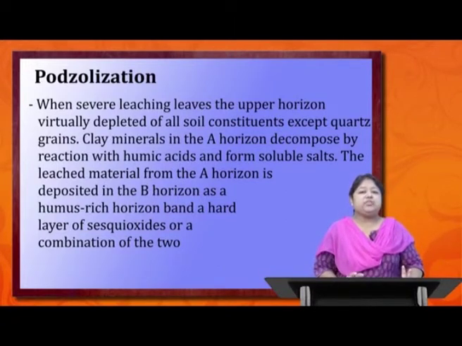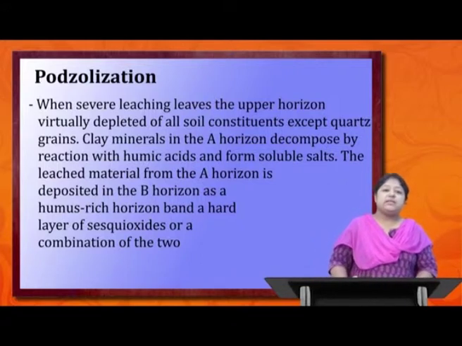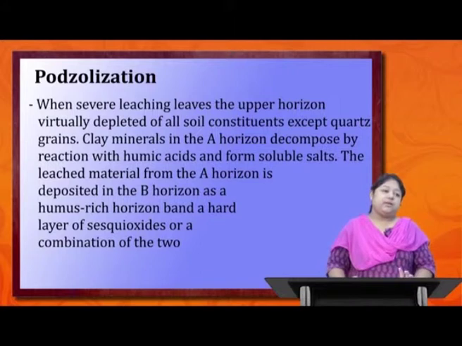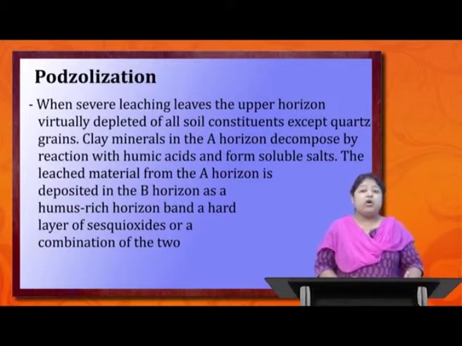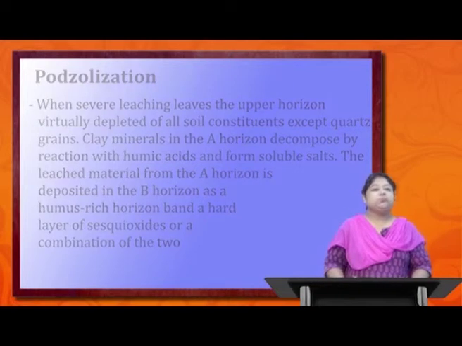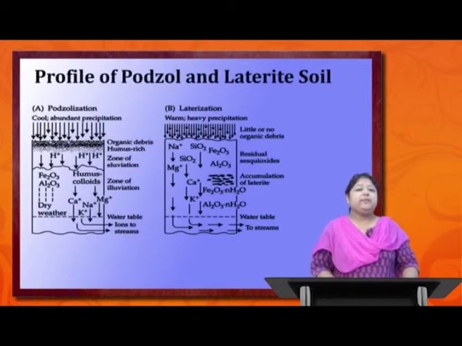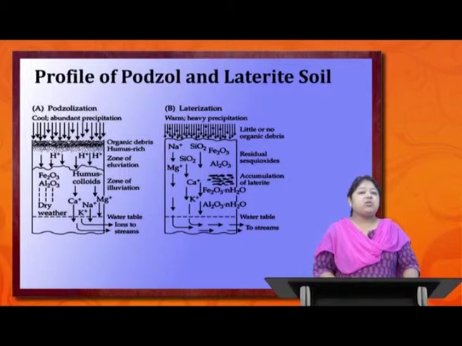Now, this leached material from the A horizon is deposited in the B horizon as a humus-rich band, a hard layer of sesquioxides or a combination of two. Now, you see here the profile. Here, there is leaching. This is the zone of eluviation, and then this is the zone of illuviation where all the minerals have come, and we found this, okay, of the sesquioxides.